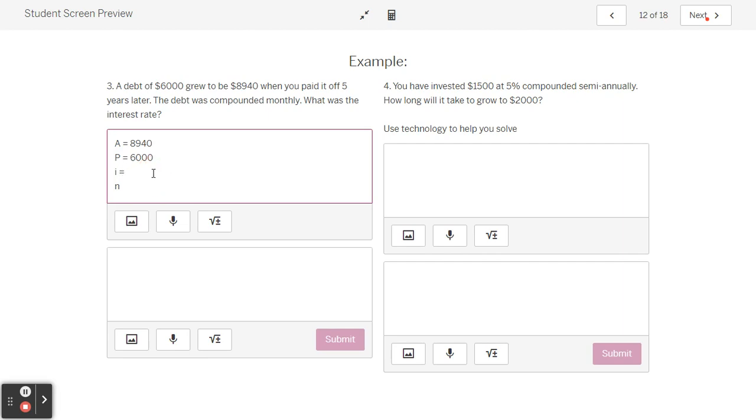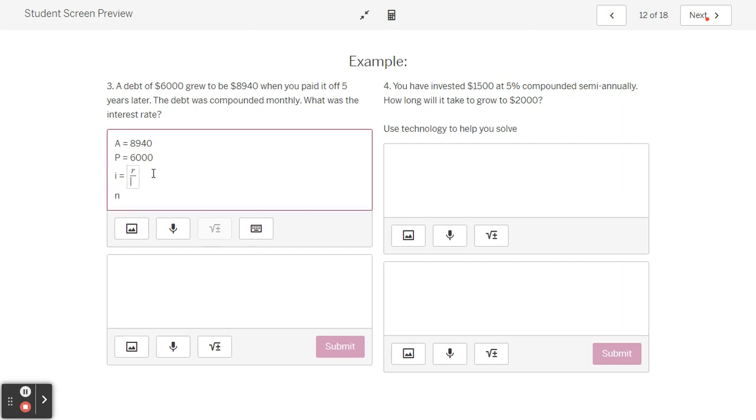The interest rate is what we don't know. However, we know that the interest rate per period is always going to be the rate divided by the number of compounding periods per year. This problem is compounded monthly, so I will put r over 12.